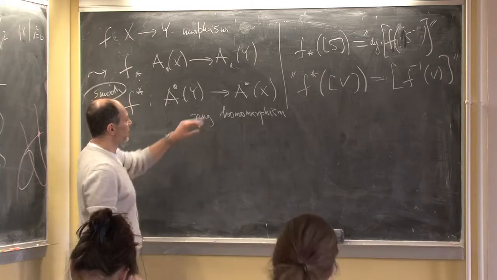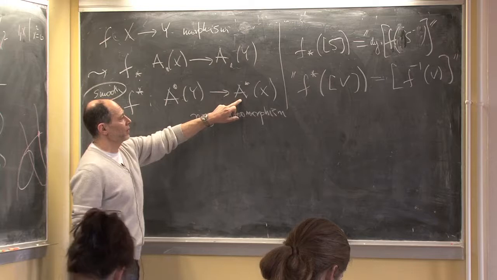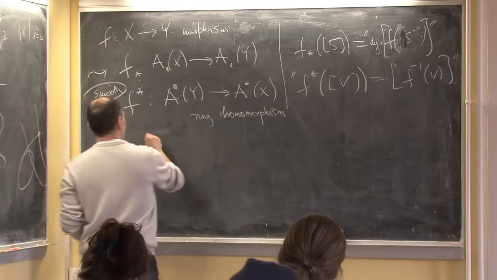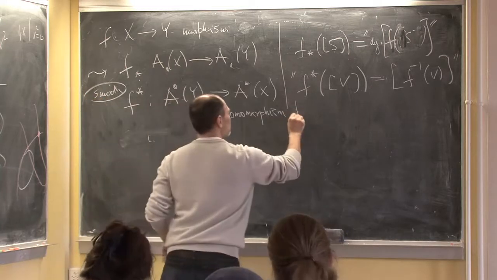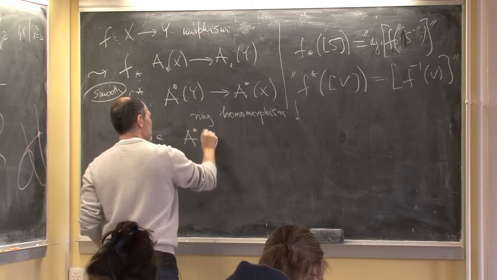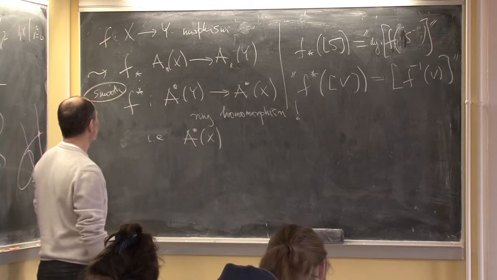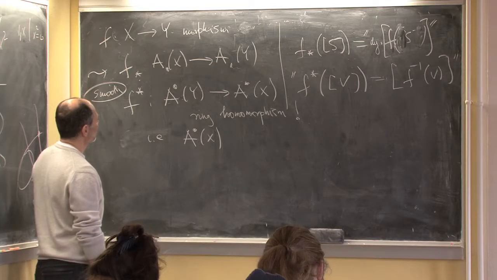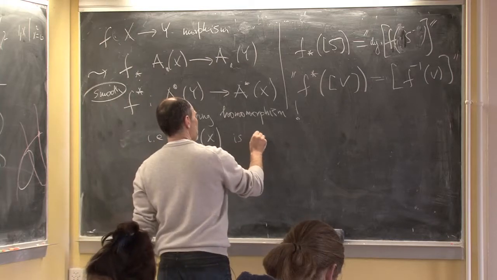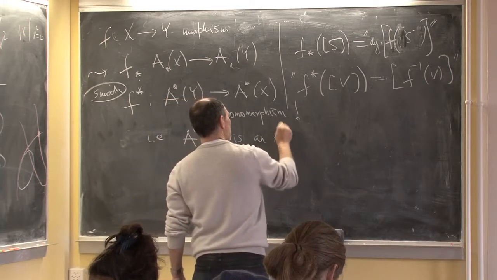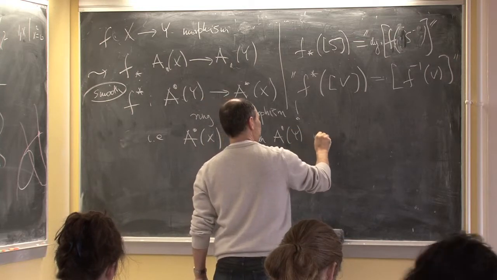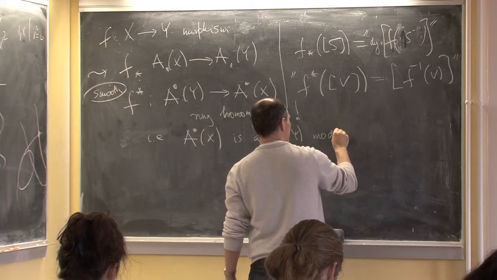And so since this is a ring homomorphism, that means that A(X) is an A(Y) module.